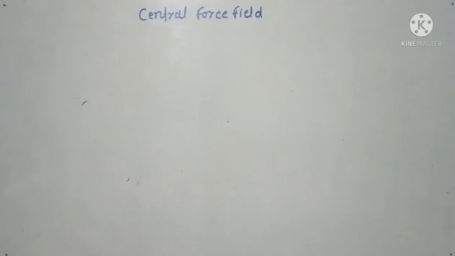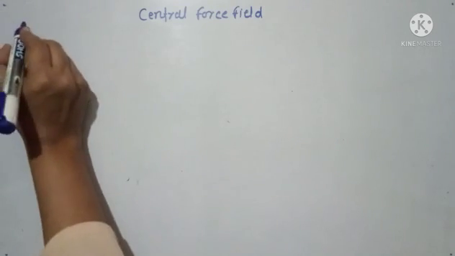So in the last lecture we have seen the equation of the orbit in a central force field, and we have also seen that if any body is moving under the central force field, it will follow the orbital path. Now the motion of the planets in the central force field is governed by Kepler's laws.